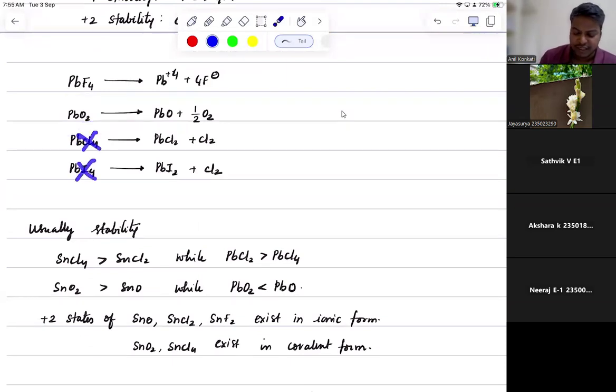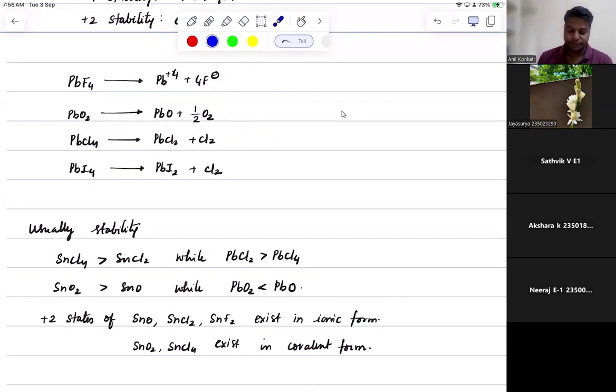So PbF4 will be ionized in ionic bond with Pb 4+ and 4 F minus. PbO2 has a tendency to decompose very easily to become PbO plus half O2. PbCl4 does not exist, PbI4 does not exist. They will always convert into PbCl2 plus Cl2.